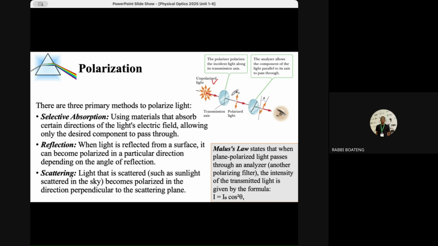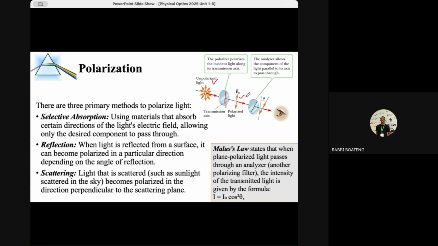Now, if we have a polarizer, and this polarizer has the ability to select only one axis for us, like the straight one that we have here, then anytime an unpolarized light enters, it will chop all of the rest off and give us only one axis, as we have here.